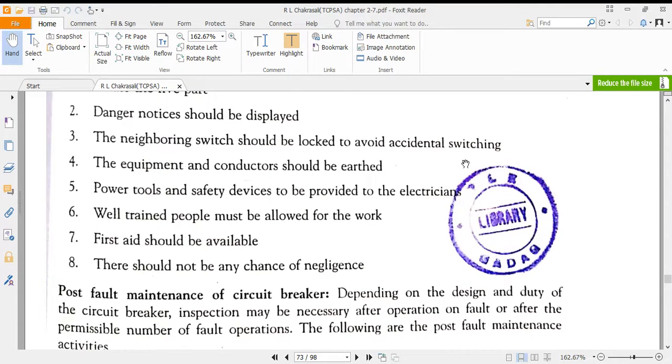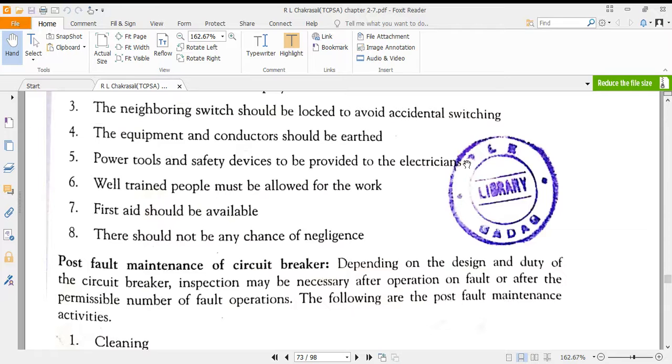Neighboring switch: you are operating on the circuit breaker, and if some operator closes the switch, then current starts flowing. Therefore, it must be locked so that nobody can switch it on. The equipment and conductor should be earthed. Power tools and safety devices are to be provided to the electricians.